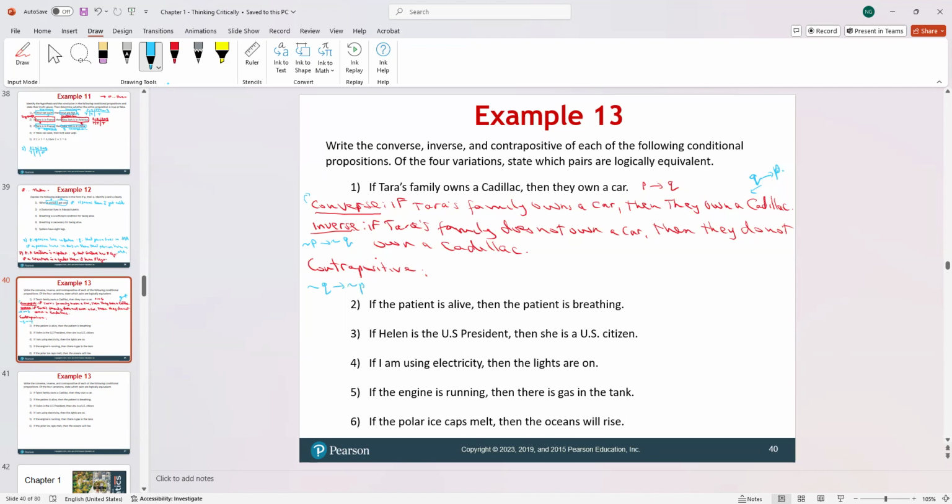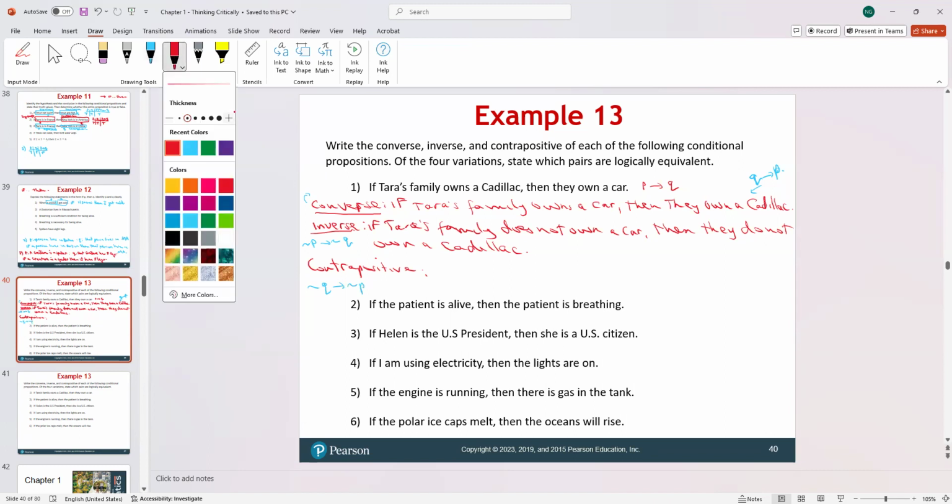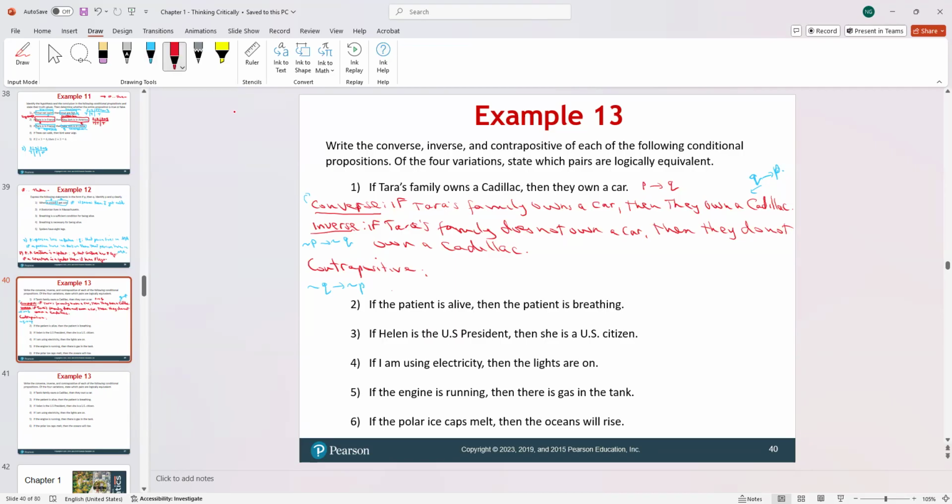Okay, so let's do it. If Tara's family does not own a Cadillac, then they do not own a car. Oh, the first one was incorrect. Does not own a Cadillac, because there was a Cadillac.